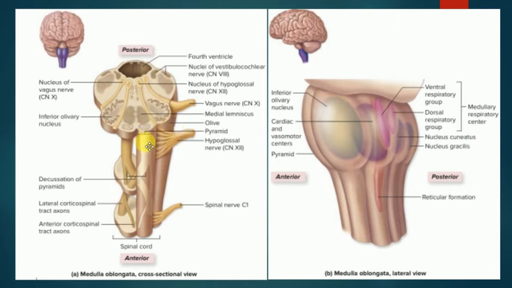Here is the pyramid, and the decussation of pyramids here. Here, the inferior olivary nucleus, lateral view. These are pyramids.